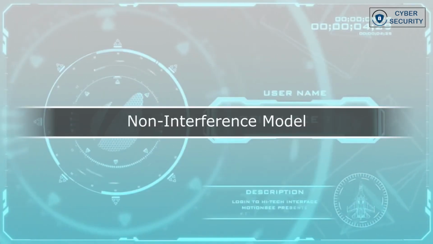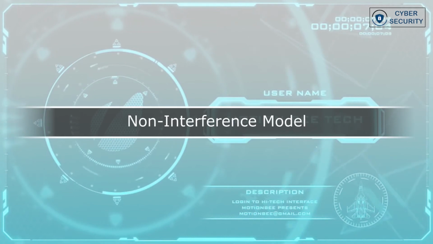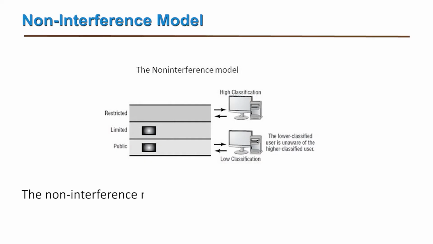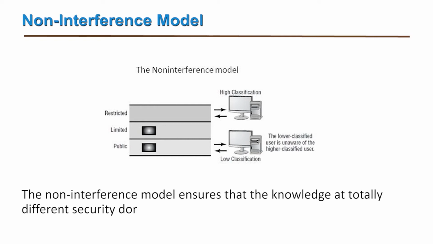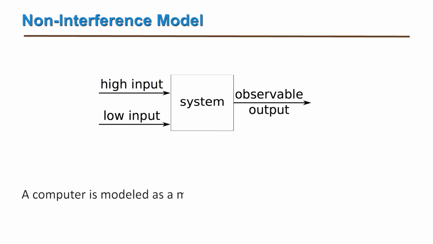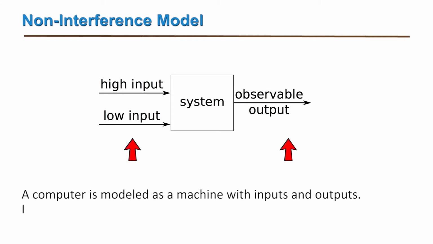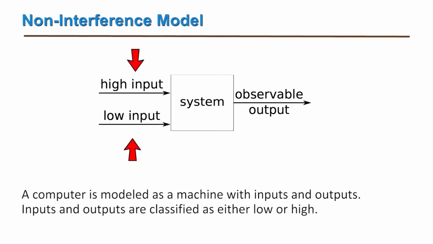The next model is the non-interference model. The non-interference model ensures that knowledge at totally different security domains stays separate from each other. In simpler terms, a computer is modeled as a machine with inputs and outputs. Inputs and outputs are classified as either low or high.